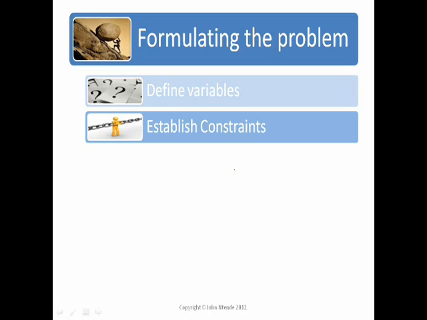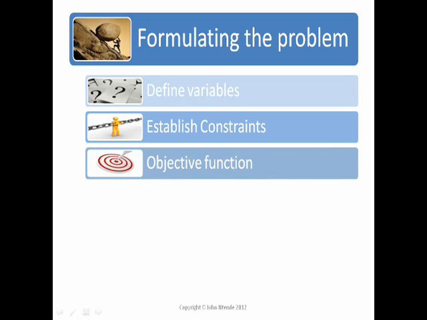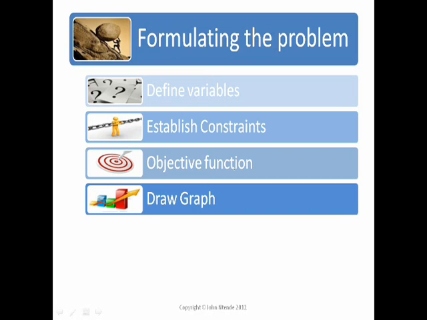We also need to establish the constraints. The constraints we've already been given. We shall see in detail what the constraints are. Then the objective function. Remember I told you our objective is to maximize profit. So that will be our objective function. We shall see in detail how to get the objective function. Then eventually we draw the graph. We plot the constraints on the graph.